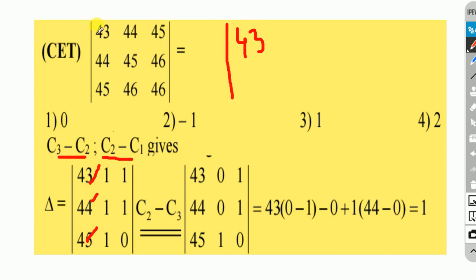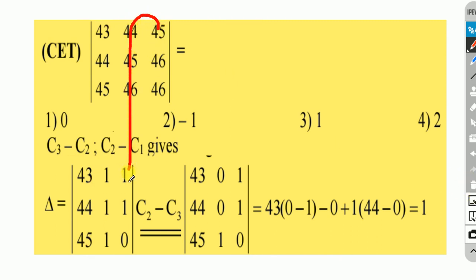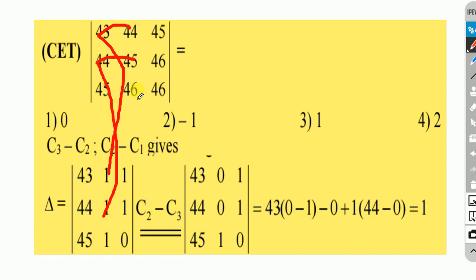C3 minus C2: 45 minus 44 is 1, 46 minus 45 is 1, 46 minus 46 is 0. C2 minus C1: 44 minus 43 is 1, 45 minus 44 is 1, 46 minus 45 is 1.